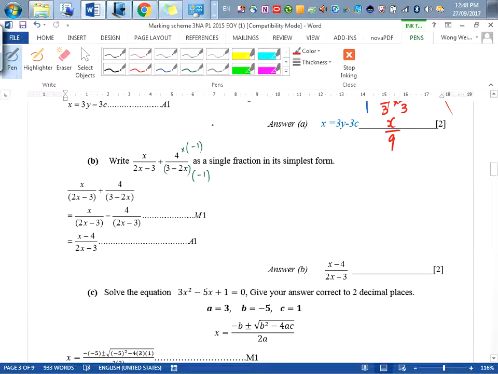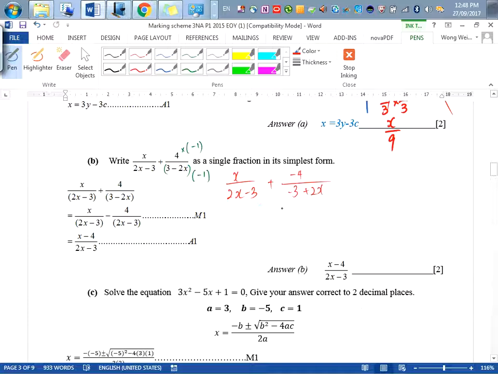Everything will become x over 2x minus 3, no change to the first one, plus 4 times negative 1 is negative 4. What happened to the denominator? 3 times negative 1 is? What about negative 2x times negative 1? Plus 2x. Why did I choose to do this extra step?